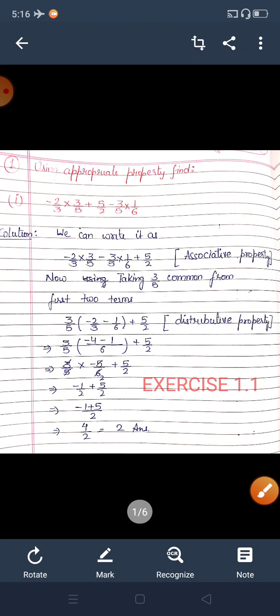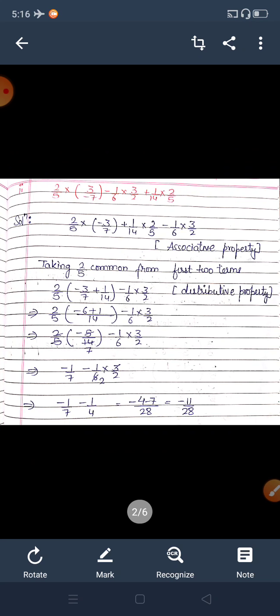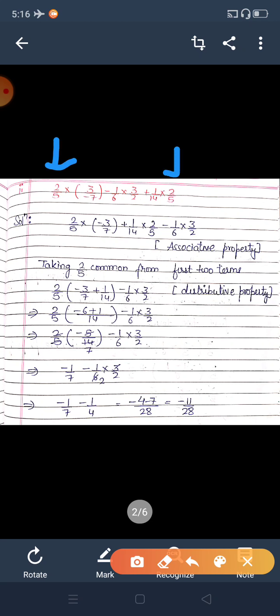Now we will go for the second part. In the second part you are given an expression and you have to solve it using different properties, same as the first part. Here we can see 2 by 5, 2 by 5 and here also 2 by 5. Common things in two terms, so we will write these two terms together and then we will take 2 by 5 common, same as the previous one.